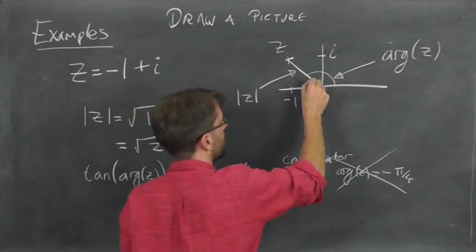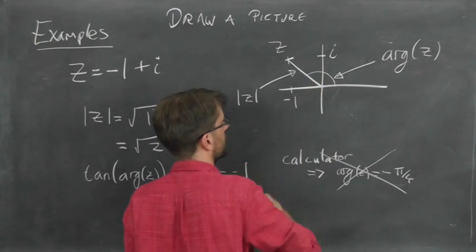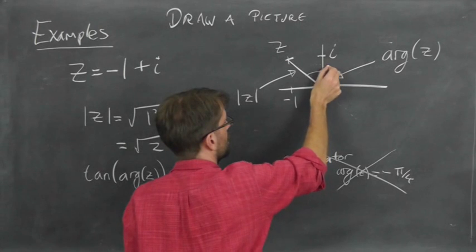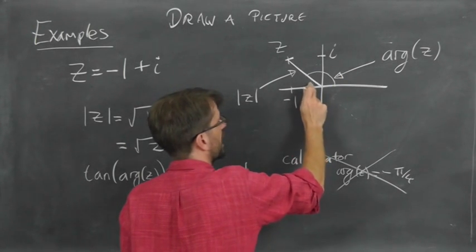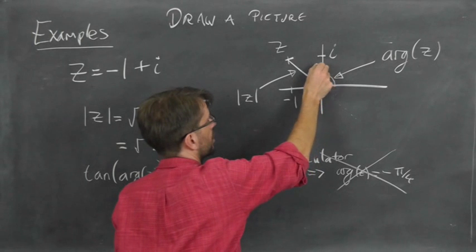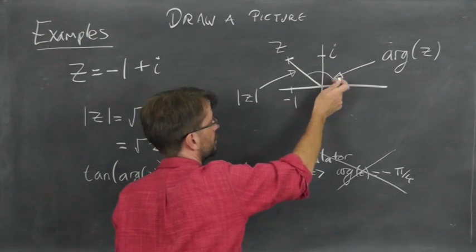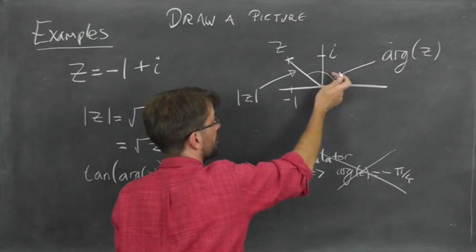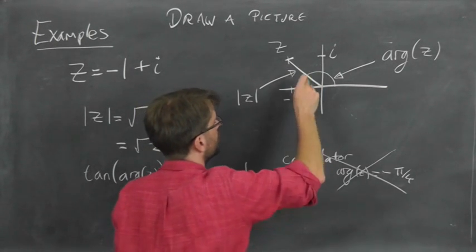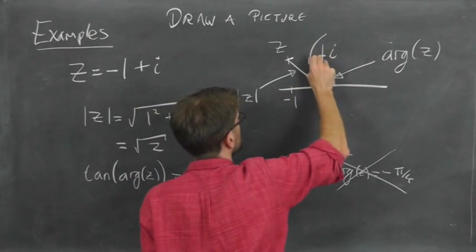We could work out what the angle was and subtract it from pi, which is the whole thing, or we can work out that angle and add it to pi by 2 there.